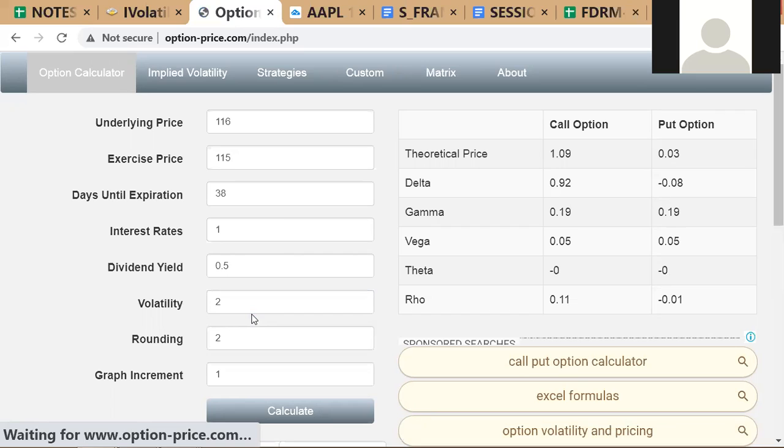It goes to 1.09. This is actually lower than the 1.51. So you see what has happened? You started with 1.51. Your intrinsic value went up. Initially you had an intrinsic value of 0, then the underlying price went up by $1, so the intrinsic value of the 115 call became $1. But you can see the price has already fallen.